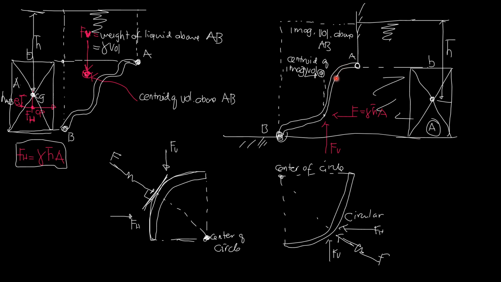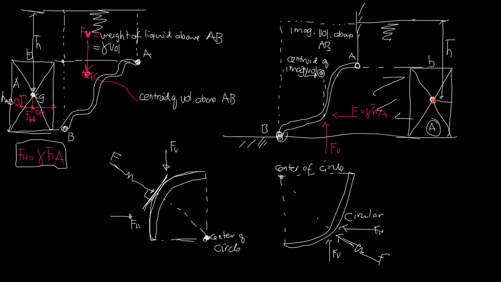As I said a while ago, this is only true if the width perpendicular to the screen is constant at B. So the projected area, this time we position ourselves here, would be rectangular, and this height is the vertical distance between A and B. So FH now is going to the left. We still apply gamma barred H area, where barred H is the distance from the liquid surface to the centroid of the projected area.